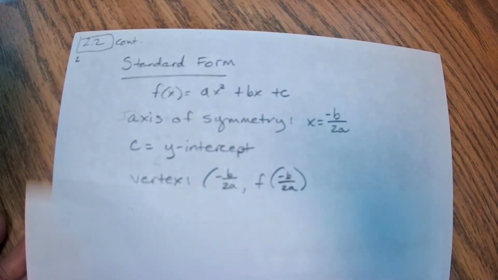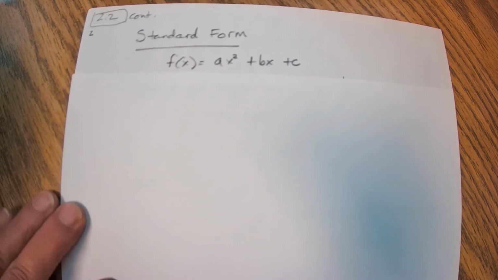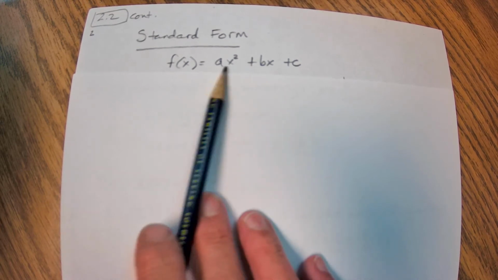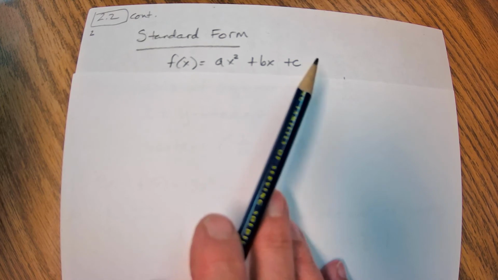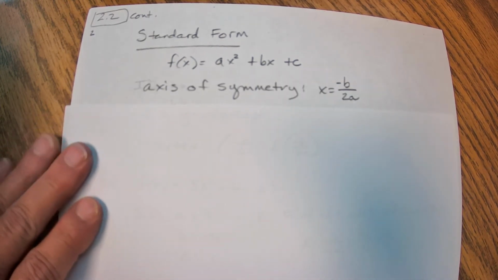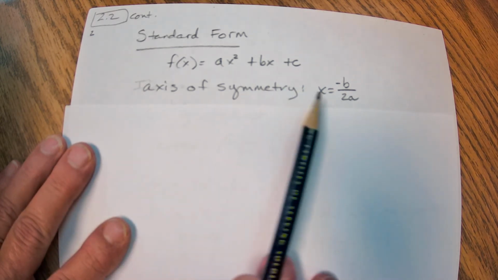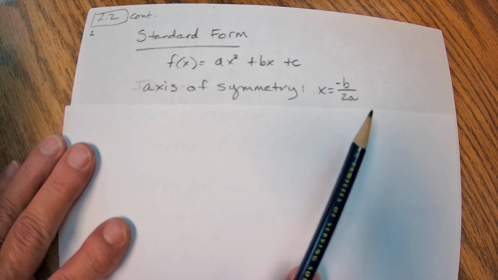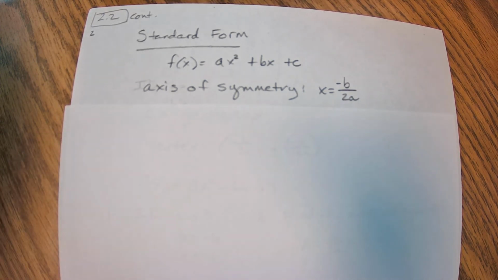So now we're going to look at another form of a quadratic function. This one is the standard form, ax^2 + bx + c. If it's in the standard form, then the axis of symmetry is x equals the opposite of b over 2a. Don't worry about memorizing this right now.